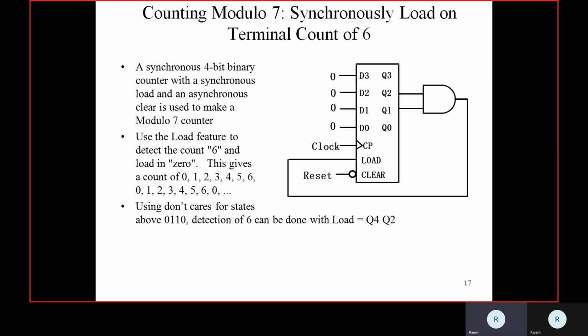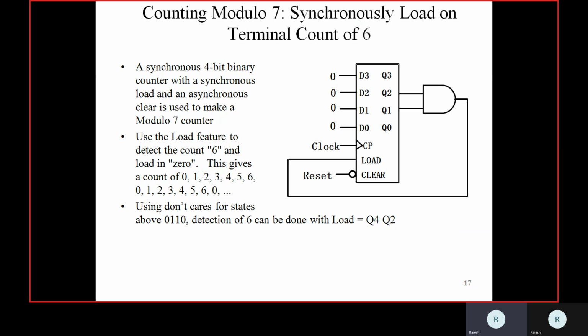So here what we have done is in D3, D2, D1, D0, we have written all the inputs of these 4 D flip-flops as 0, 0, 0, 0. The moment it counts from 0 to 6. Okay, once it counts 6, 6 means Q2, Q1, Q0 is 1, 1, 0. So that 1, 1 is given to an AND gate.